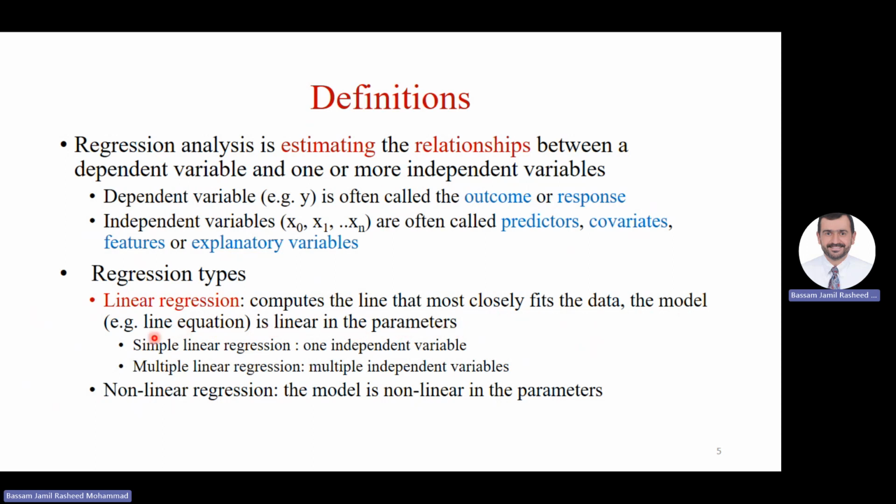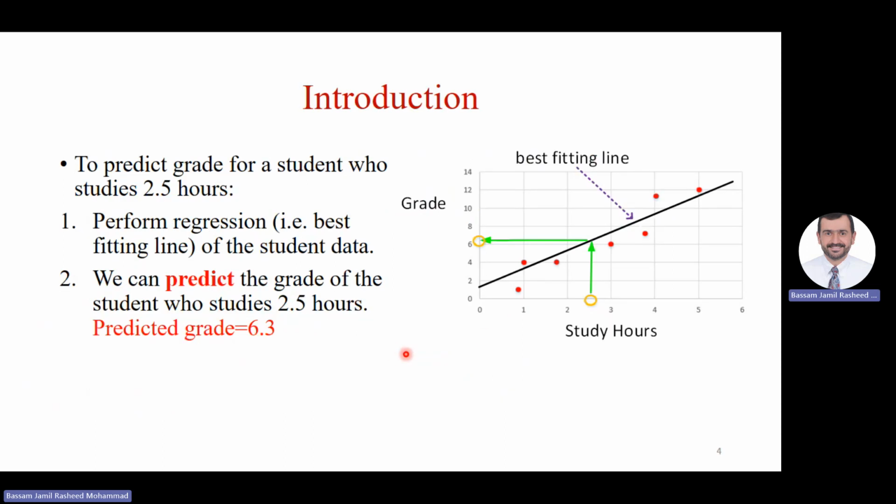We will cover in this lecture the simple linear regression, and there is also multiple linear regression. In simple linear regression, you have one independent variable, exactly like in this example. I can have more than one, so there will be a third axis here, and I can do two independent variables.